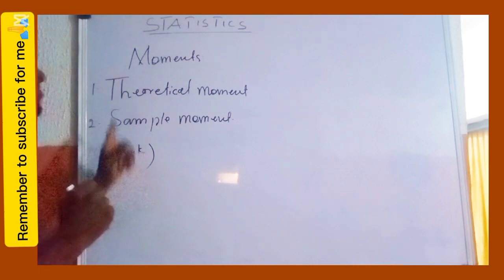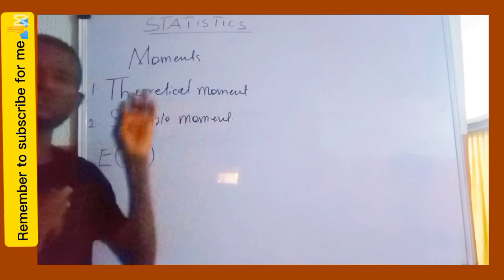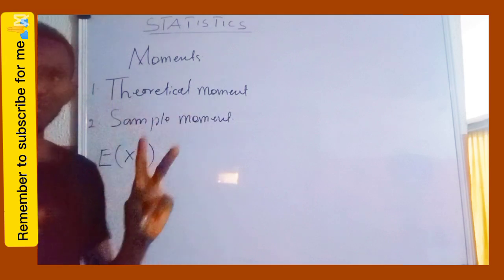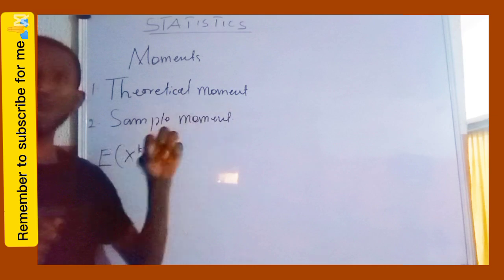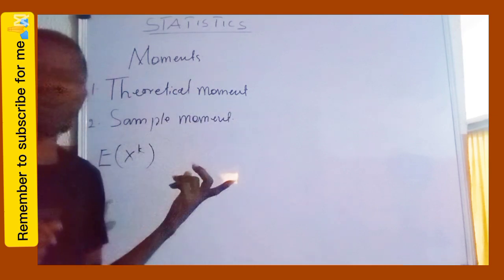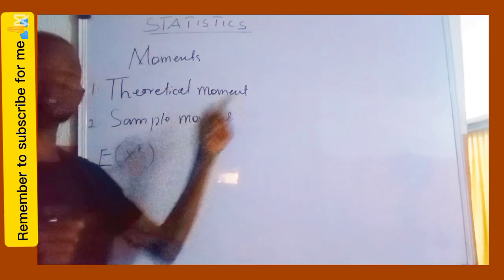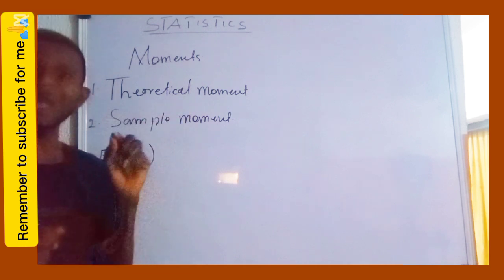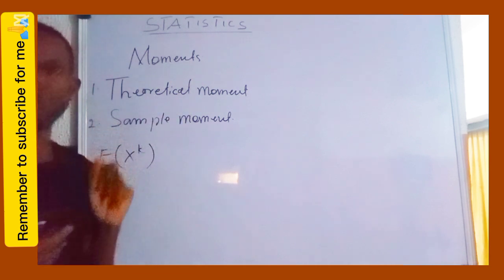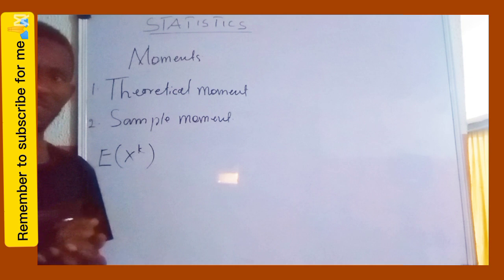However, this theoretical moment is going to be discussed equally under two categories. One, theoretical moments about the origin, or theoretical moments about zero, and then theoretical moments about the mean of the random variable.